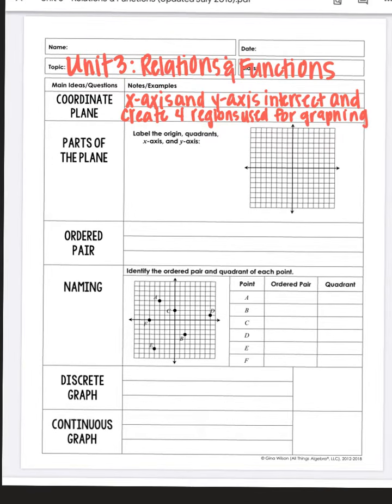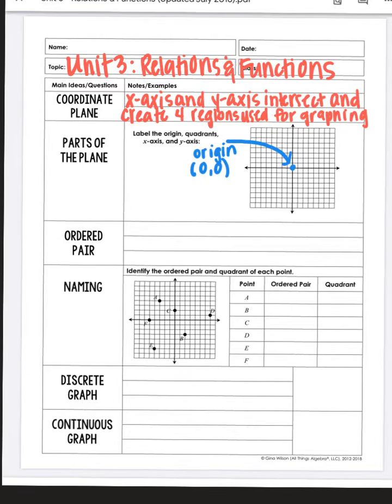Okay, let's label the parts of a plane. So our first part is the center point, and we call this the origin. The location of the origin is always at point 0, 0 on the graph.